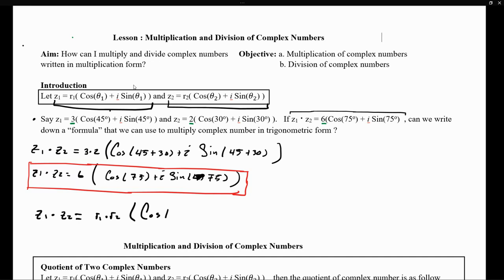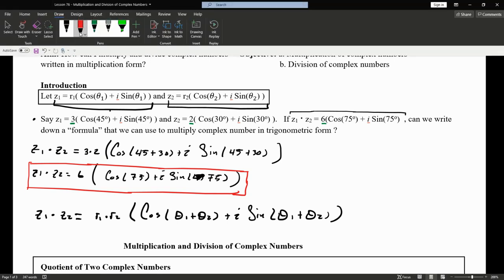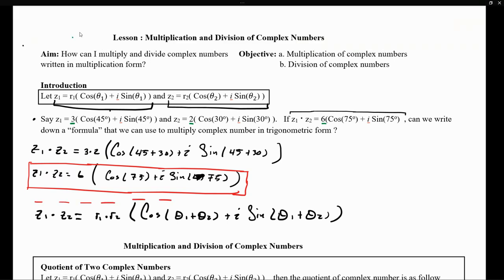And then when it comes to the arguments, I'm just going to be adding their arguments. So this is a formula that we can use to show what happens when we multiply complex numbers written in polar form.